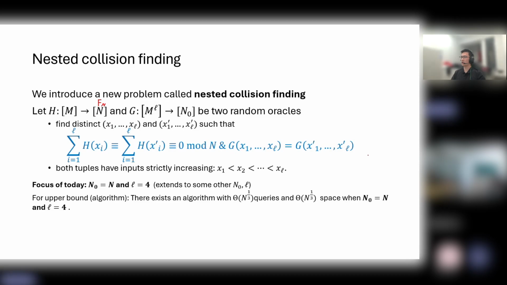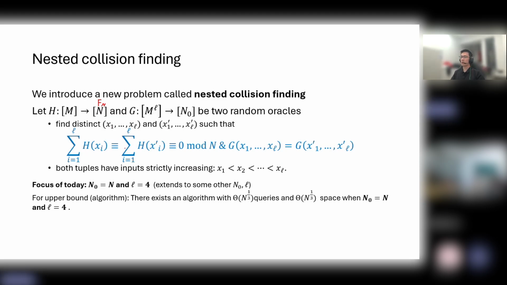And there's an additional constraint that these two pairs form a collision in G. This is why we name this problem nested collision finding. It's basically a collision on top of a collision.